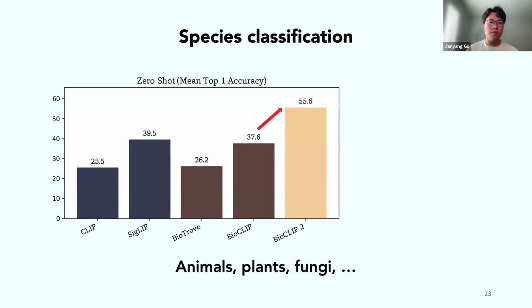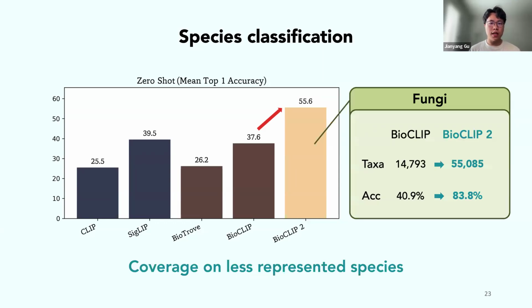The first version of BioClip was trained on 10 million data, and now we have 20 times more images. Also, if we look into specific categories, this new dataset provides 3 times more fungi species compared with BioClip, and it boosts the performance from 40% to more than 80%.